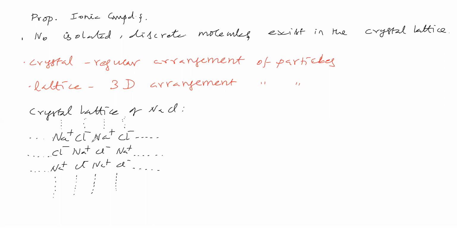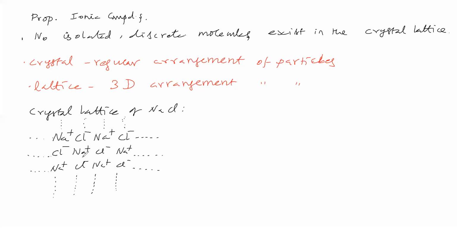Now if we take this Na+, its nearest neighbors are this Cl-, a second Cl-, a third Cl-, a fourth Cl-, one Cl- above this Na+ and one Cl- below it.